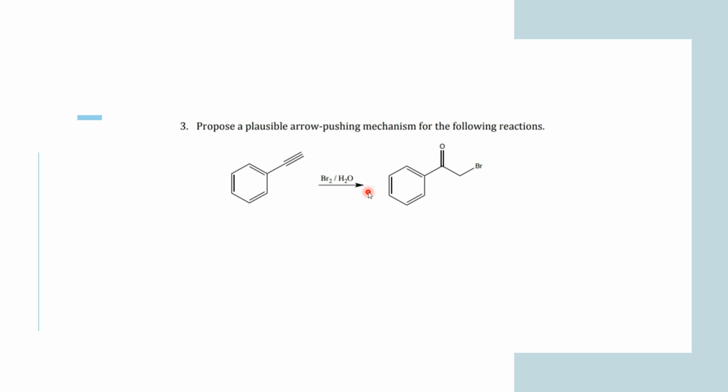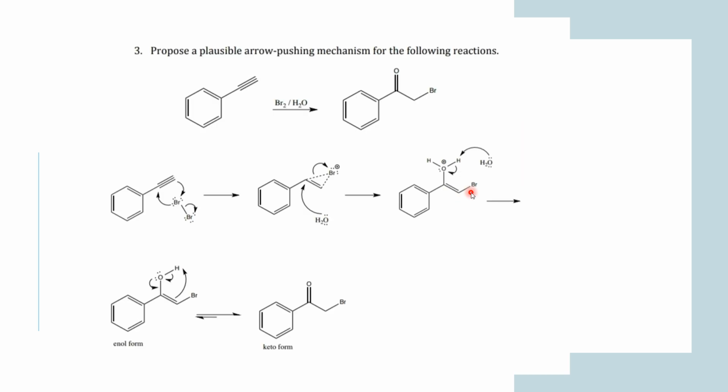What kind of mechanistic pathway will the reaction follow? The product here is already given to you: when you treat this terminal alkyne with bromine water, you will get this alpha bromo ketone. So how is this ketone formed? Let us see.